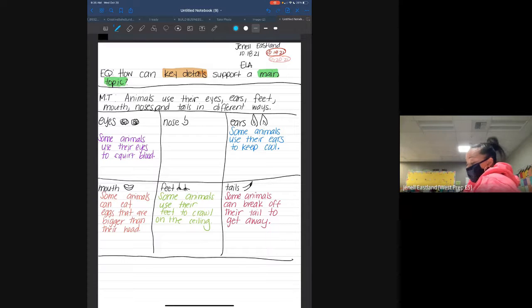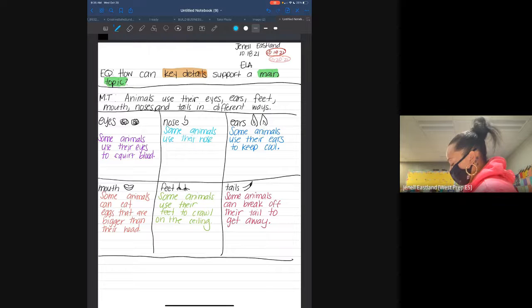And he's going to get the book and look for a fact about how an animal uses their nose. Some animals use their nose to find their next meal.